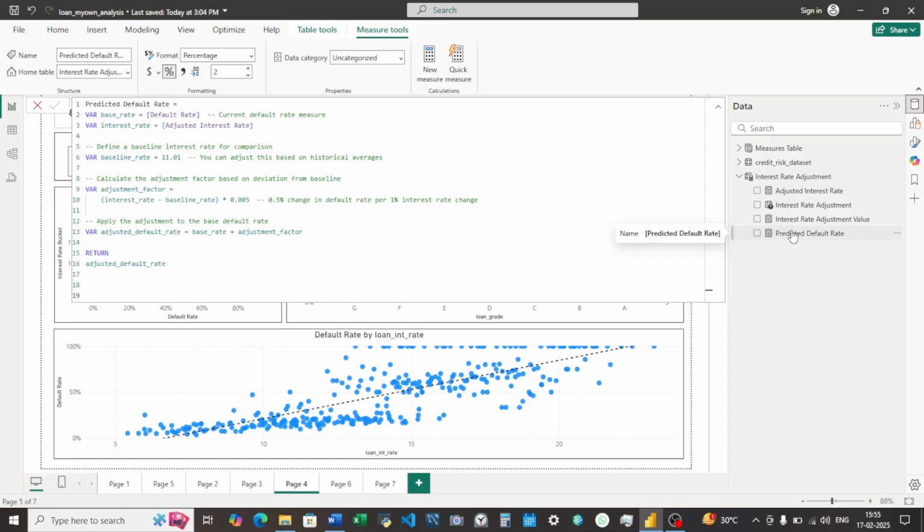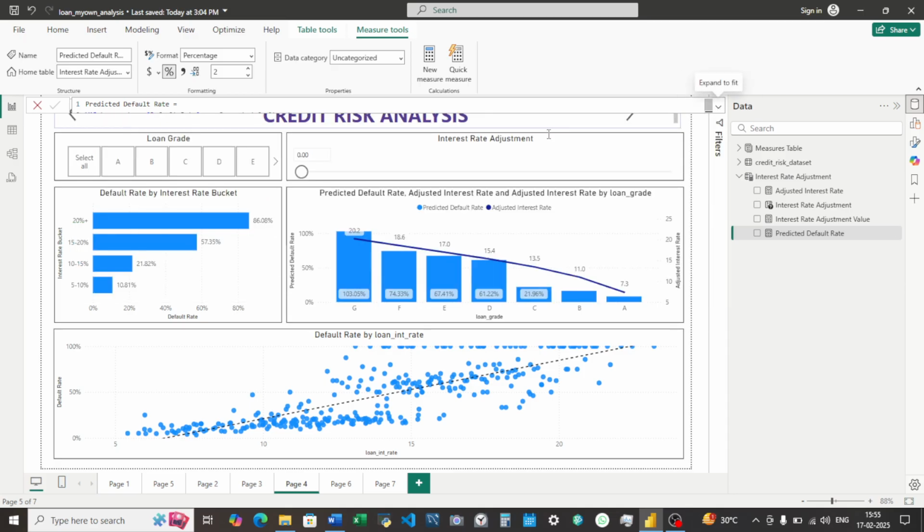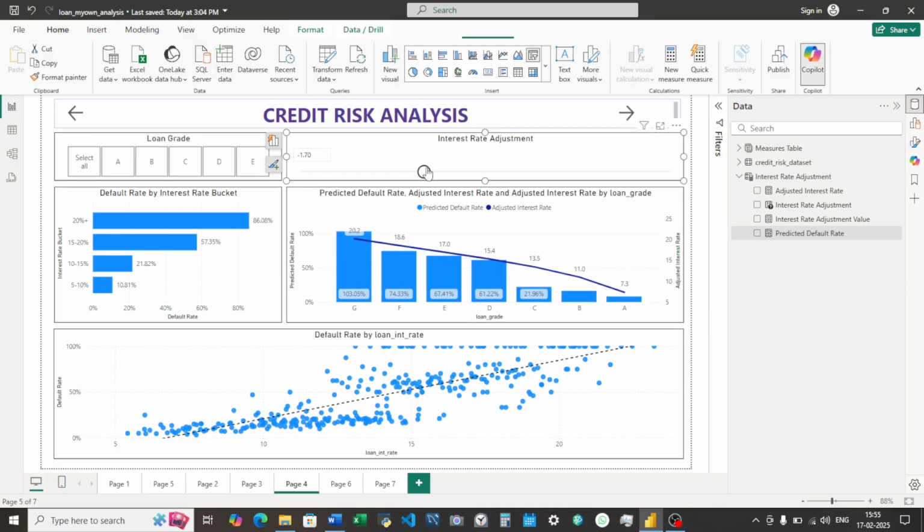I have used the baseline interest rate as the average interest rate for the entire data set. Then I found the adjusted default rate by adding the base default rate to the adjustment factor.